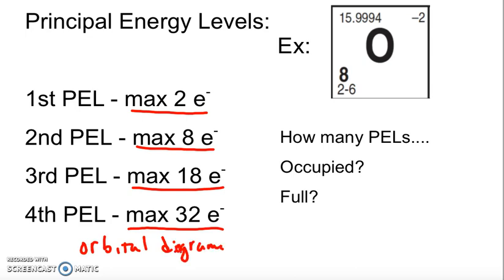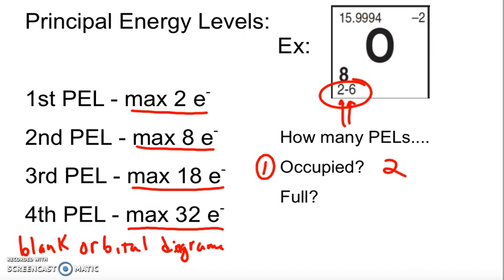If you consult your blank orbital diagram, you will be able to see where I'm getting those numbers from. We're working with these numbers as the max that any principal energy level can have. We're going to continue to look at oxygen as our example, 2-6. The first question is, how many principal energy levels are occupied? The fact that there are 2 numbers here means that there are 2 principal energy levels occupied.